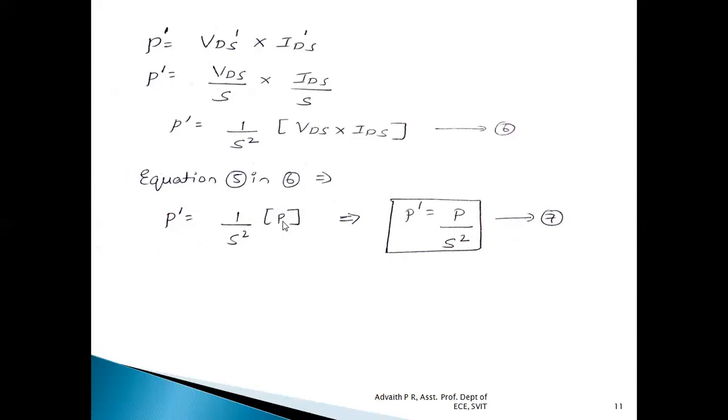So I'll write it as power, which is unscaled power. So P dash will be equal to P divided by S square. That is, the scaled power will be equal to the normal power divided by S square, where S is nothing but scaling factor. If we observe, the scaled power is equal to normal, unscaled power divided by square times of scaling factor.